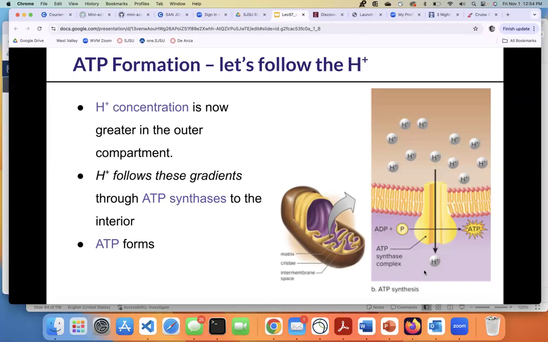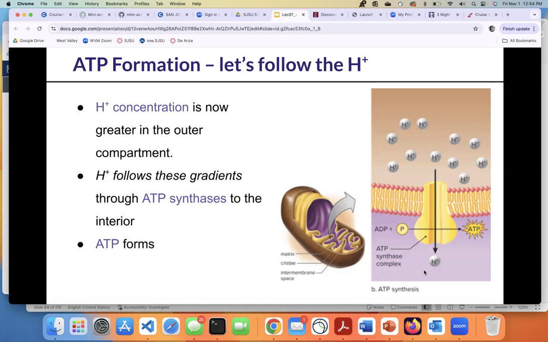It takes the energy of the hydrogen going down its gradient to move this rotor, which will then transfer that energy to an ATP. So this is how we make ATP in our cell, and this is how the ATP is going to be used later for all the other stuff that we need ATP for, right?